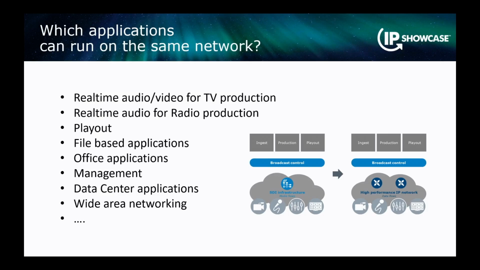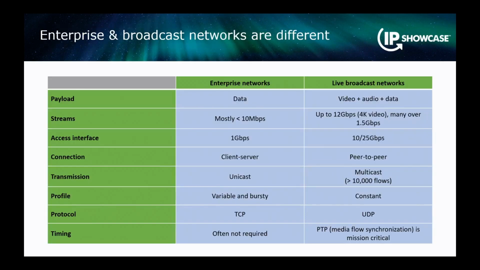So if we, for instance, compare a classical enterprise network, where you put your telephones, your PCs, your Wi-Fi hotspots on, that is typically unicast. It's not that high capacity on the interfaces you need. You don't need 25 gig interfaces to attach your PC. It's typically only data. It's TCP from a transport protocol perspective, and you don't really need the timing.